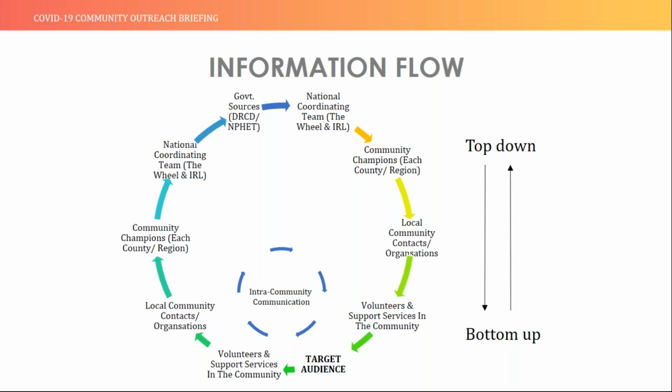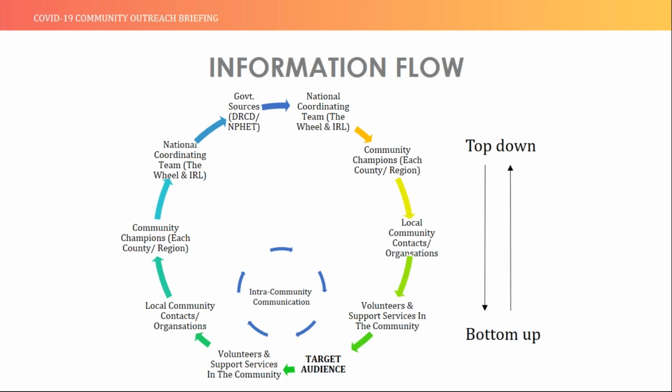What this allows us to do is hear what's actually going on at community level, take questions, queries and concerns on board, get answers to all of them, and filter the information back down to lots of communities around the country.